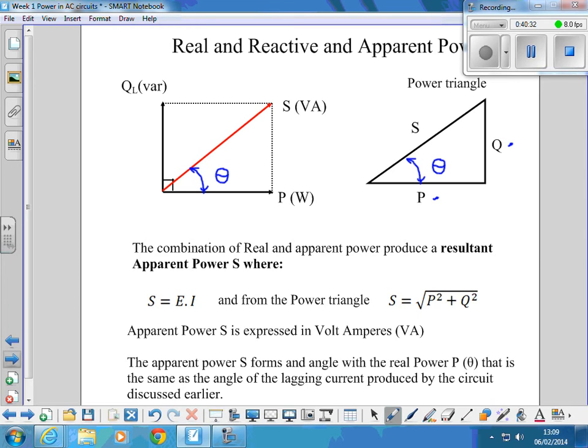The apparent power forms an angle with the real power, theta, that is the same as the angle of the lagging current produced by the circuit discussed earlier.